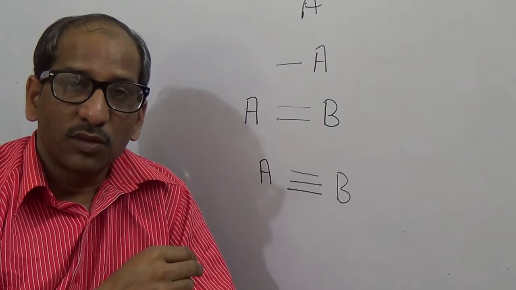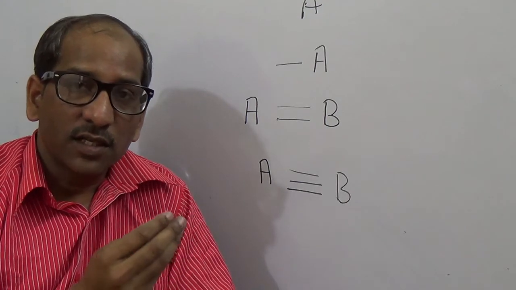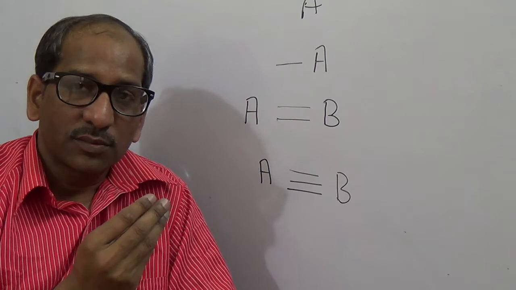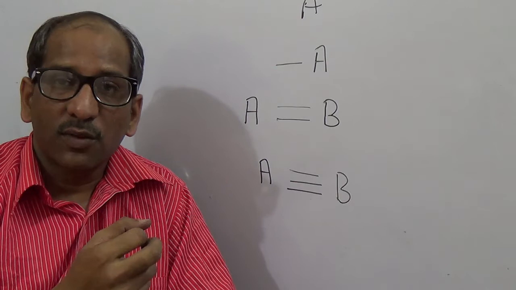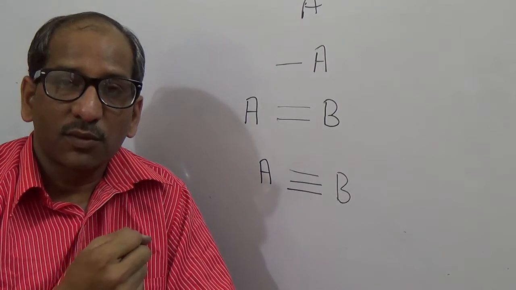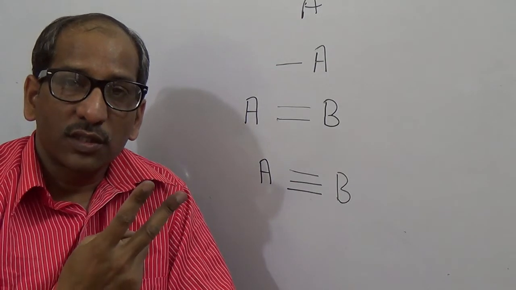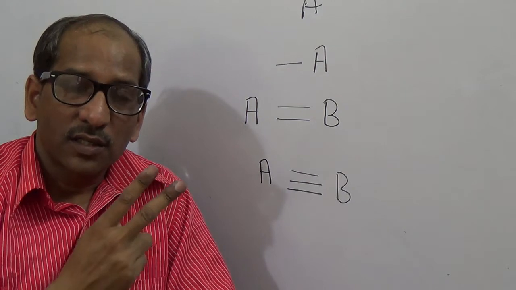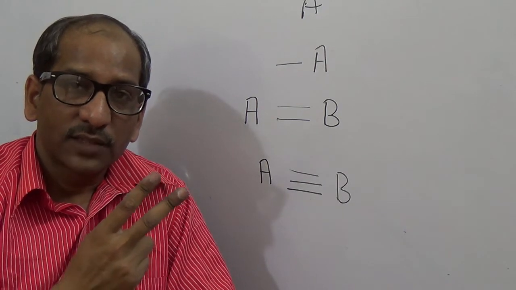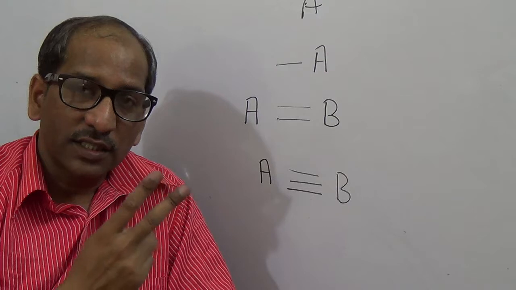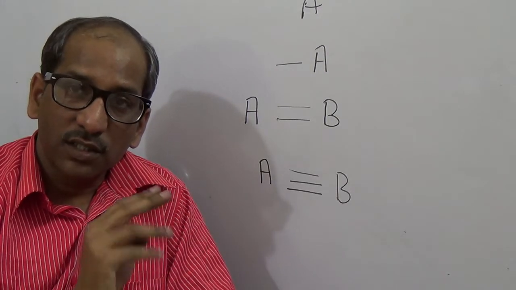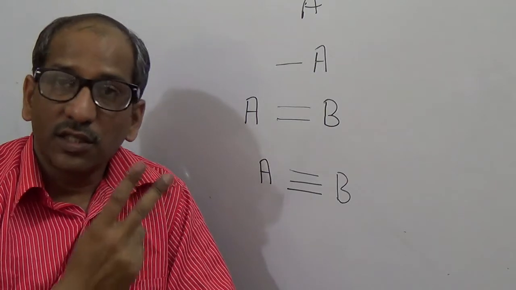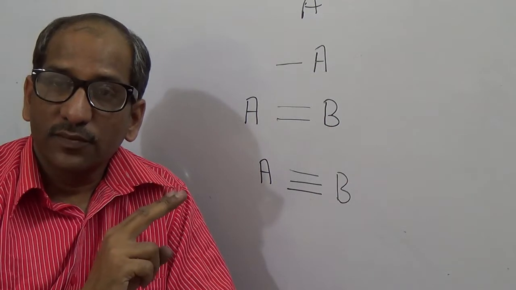If I give some physical notation, A is any physical quantity and B is another physical quantity, these two lines are making them equal. A is totally different from B, but these two lines are saying A is equal to B.